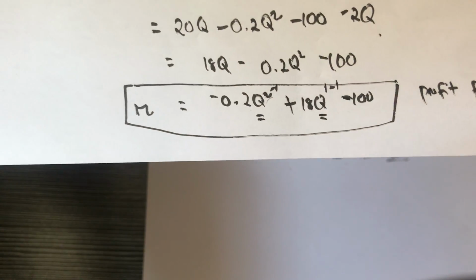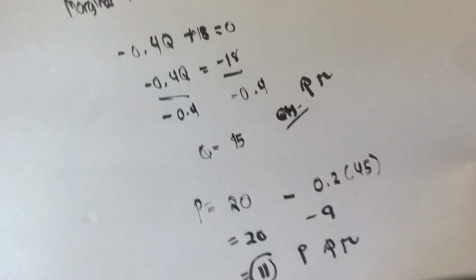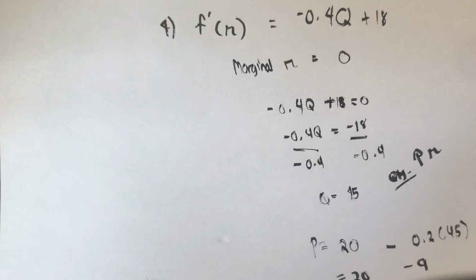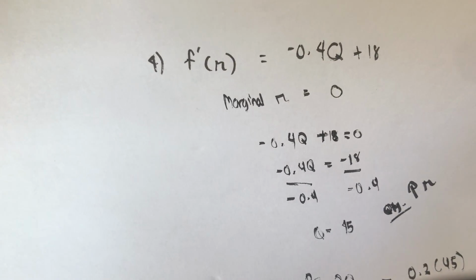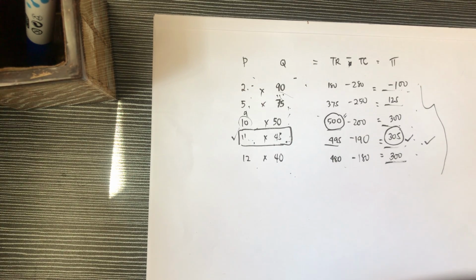Again, do not use the marginal profit function, the one you got from the derivative. You're going to get a different answer. Do not use negative 0.4Q plus 18. You use the original one to be able to get all of this.